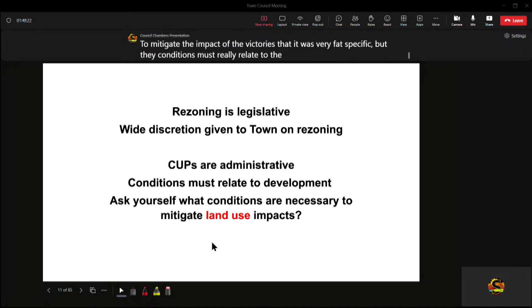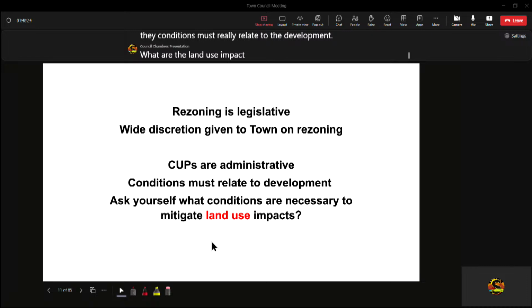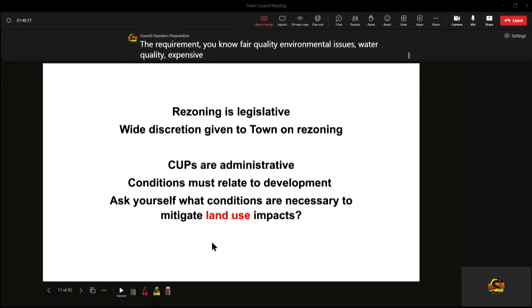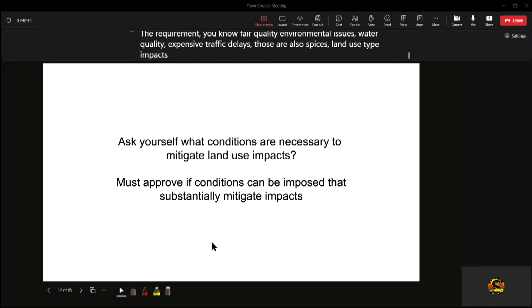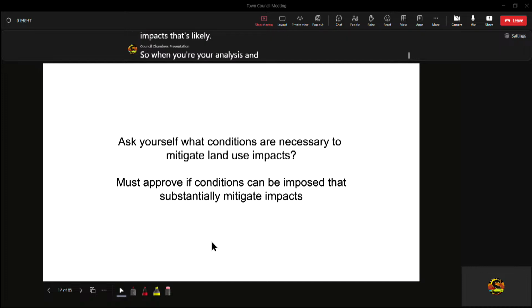What are the land use impacts that are triggered by this proposed use? And when I say land use, I don't mean just literally terra firma. Air quality, environmental issues, water quality, those kinds of things, traffic, noise, those are all considered land use type impacts. Next slide, please.